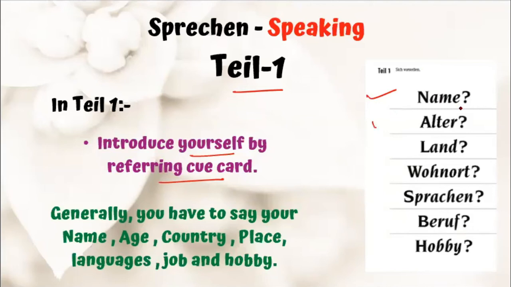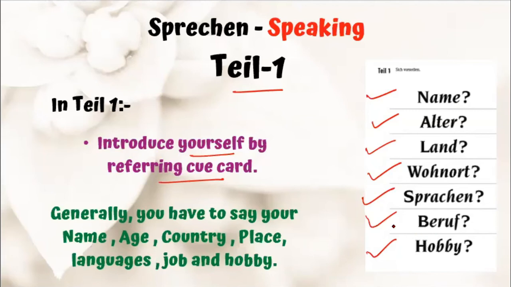Ich bin 25 Jahre alt. Ich komme aus Indien. Ich wohne in Bengaluru. Ich spreche Hindi, Englisch und ein bisschen Deutsch. Ich bin Lehrer von Beruf. Meine Hobbys sind Tanzen, Musik hören und Klettern. Okay, so this is a typical kind of introduction.